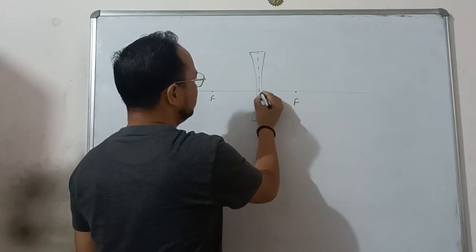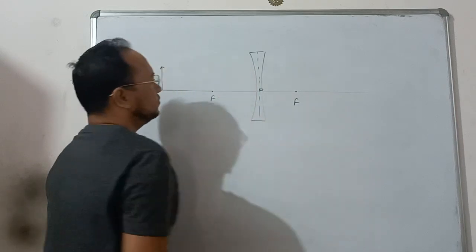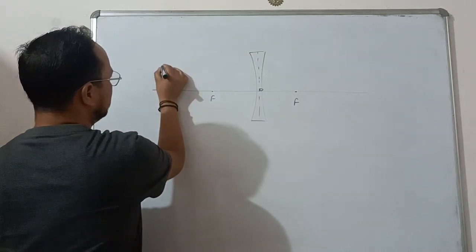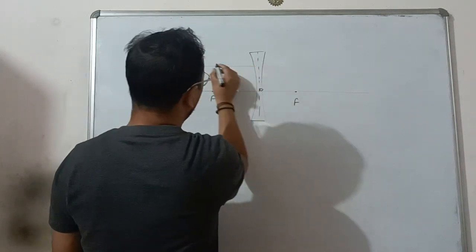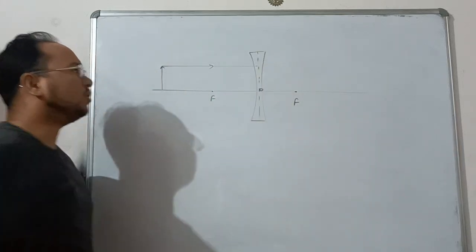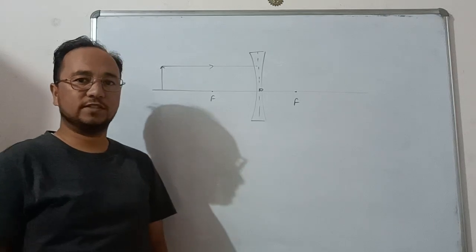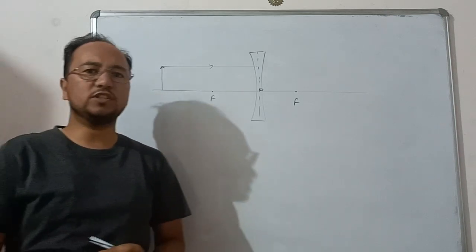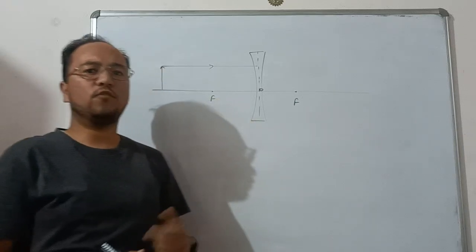This is the optical center O. This is our object. So first, the incident ray is parallel to the principal axis. Now this is not a convex lens. This is a concave lens, and this concave lens is also known as a diverging lens because it diverges the light falling on it.